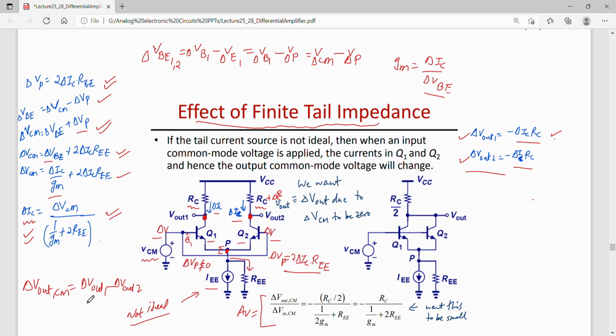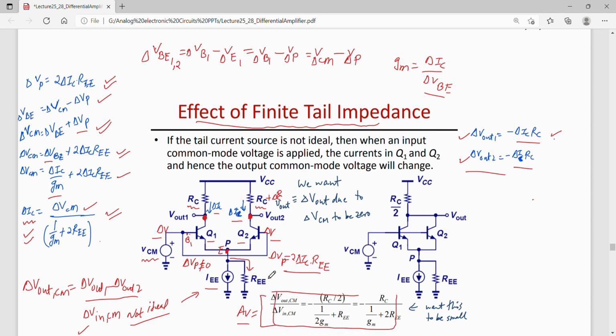Then one can find out a relationship for this common mode gain, that is delta V out by delta V in. Delta V out 1 minus V out 2 by delta V in common mode, which is 2 times delta VCM, or 2 delta V in in this case. VCM is present here also and here also, so this will go off, so you will be left with this part, which is actually the gain of this circuit.